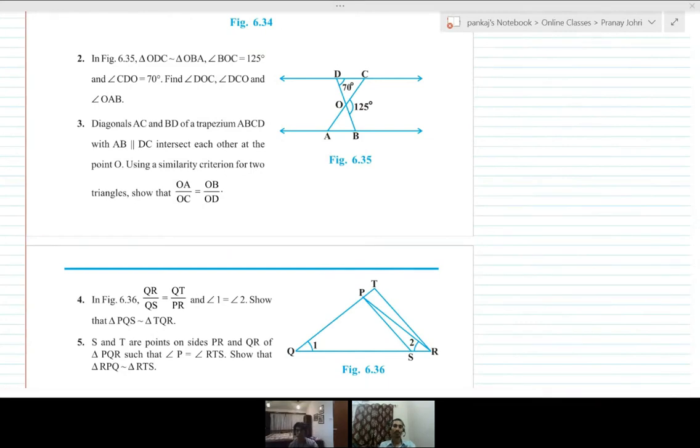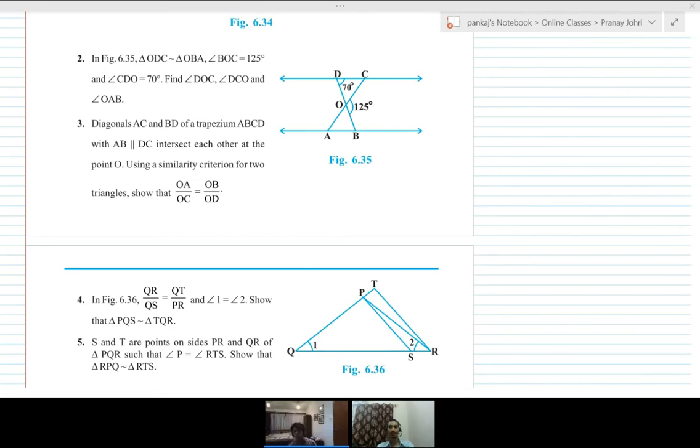So ODC is similar to OBA. BOC is equal to 125. CDO is 70. Find DOC, DCO, and OAB.